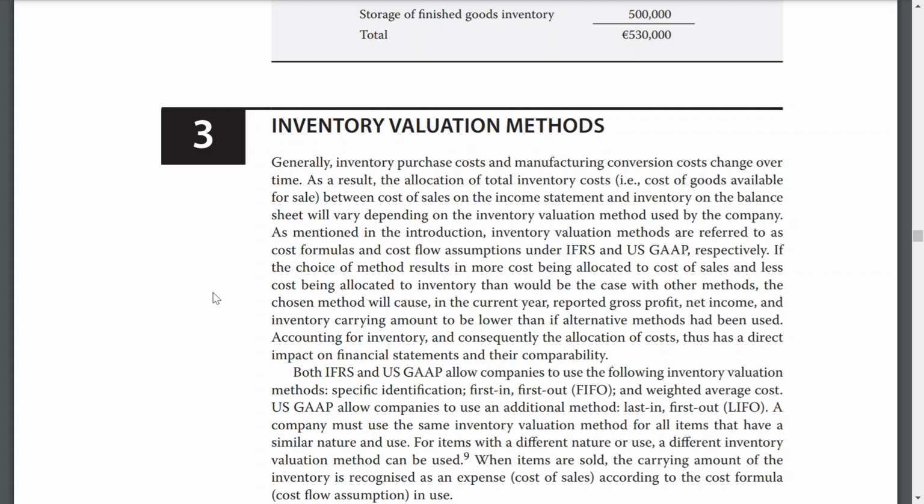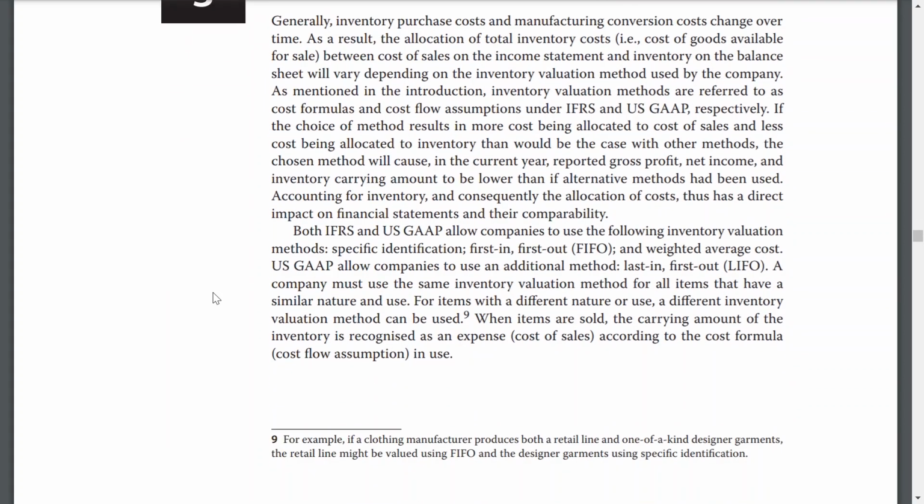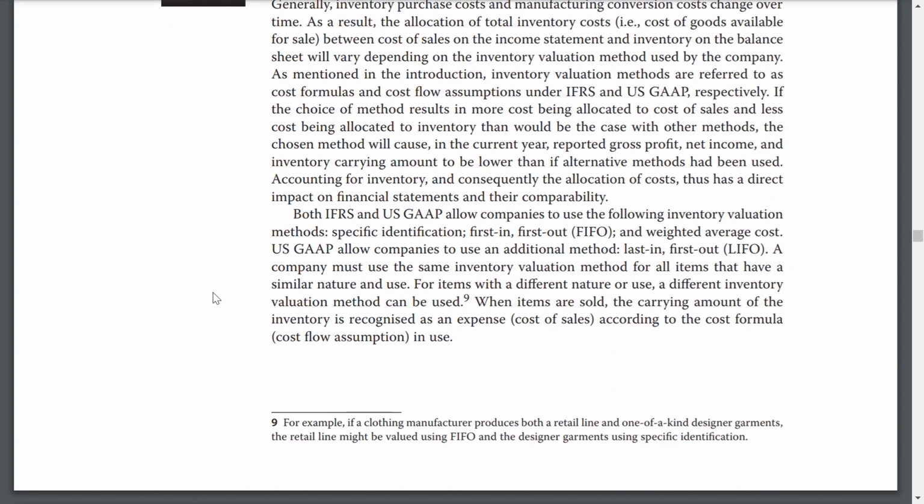Both IFRS and US GAAP allow companies to use the following inventory valuation methods: specific identification, first in, first out (FIFO), and the weighted average cost. US GAAP allows companies to use an additional method, last in, first out, or LIFO. A company must use the same inventory valuation method for all items that have a similar nature and use.